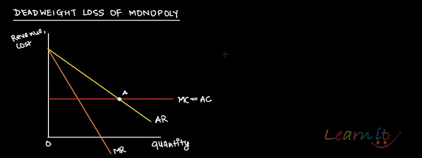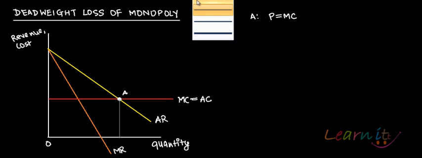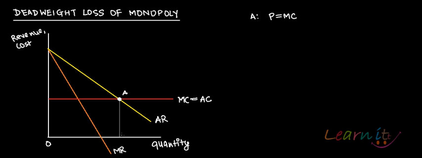Let me name this point as A. At this point, price is equal to MC. Clear? And the amount which is going to be produced at this point is this, let me name it QC, and this one is named P star.